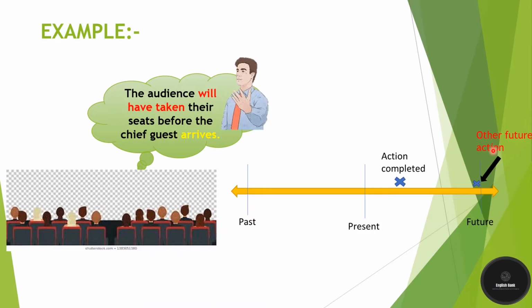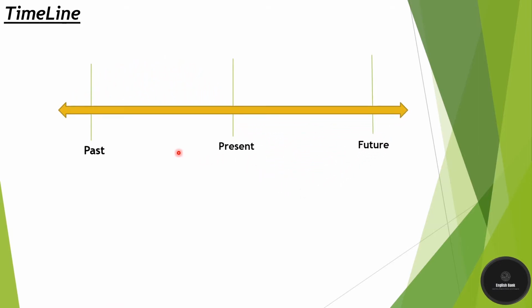In this sentence, will have taken is the completed action and arrives is other action. This is what happened in the future perfect tense. We go from the present to a future point and look back into the past.